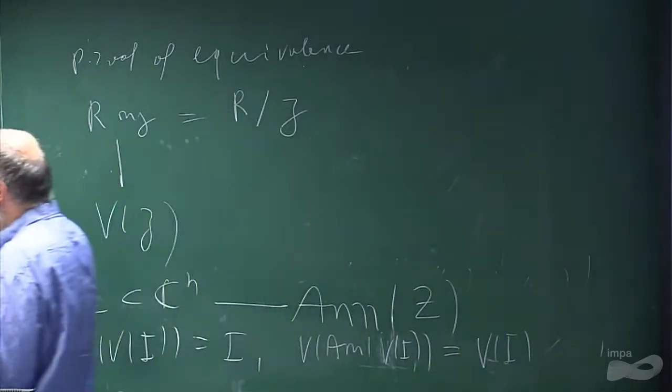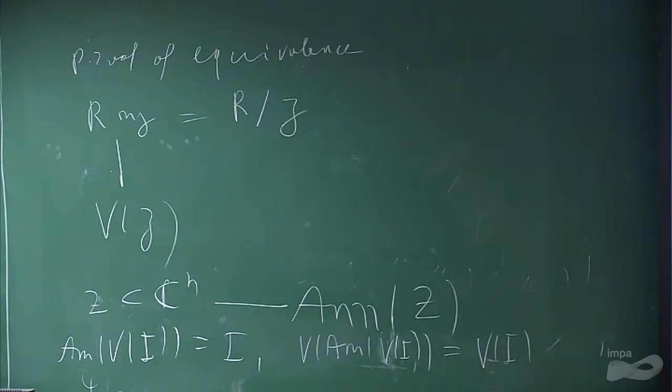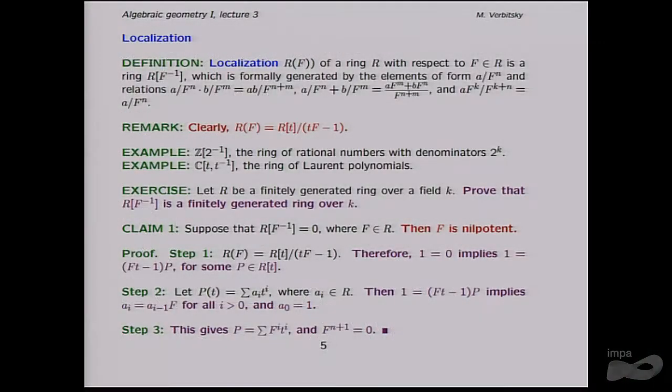For instance, there are many elementary results which can be proven with localization, and it is important, so we shall use it all the time. It's one of the most basic tools in commutative algebra. You can do it even in the non-commutative situation as well. But the idea, you should remember how you construct the rationals from the integers.